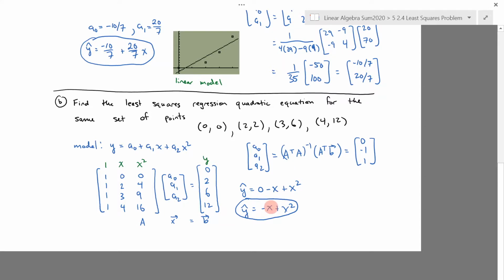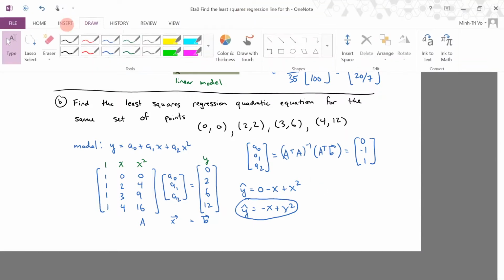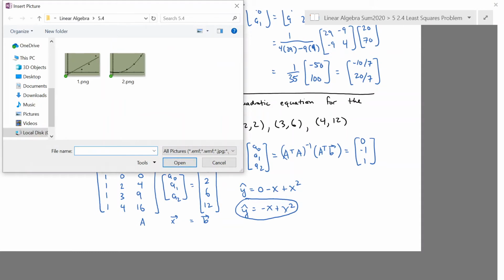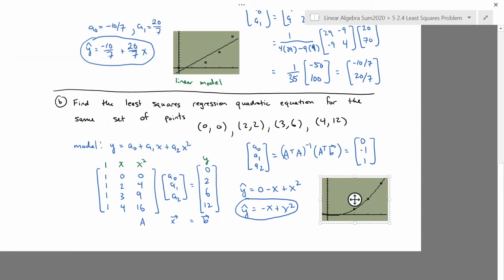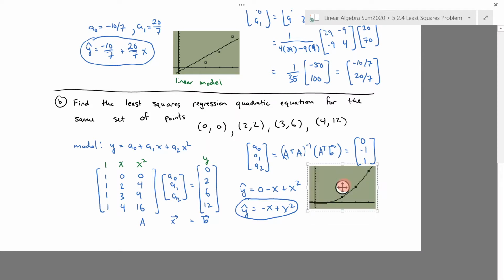For 2, you get -2 plus 4, which is 2. For 3, you get -3 plus 9, which is 6. For 4, -4 plus 16, which is 12. So this model actually passes through all of the points. This is our quadratic model.